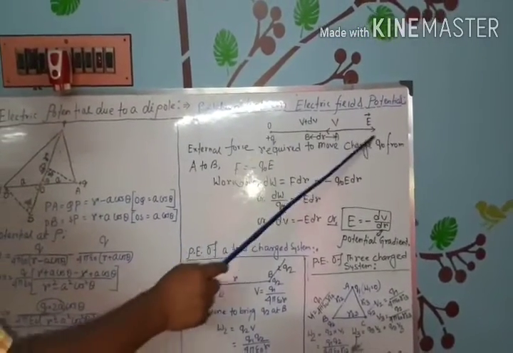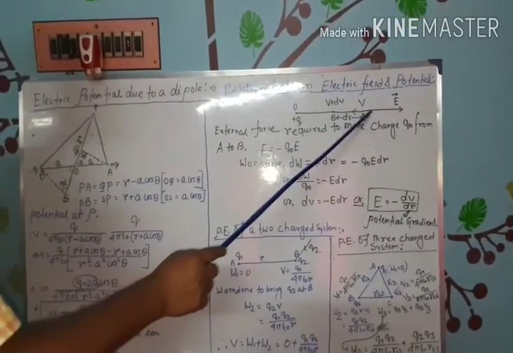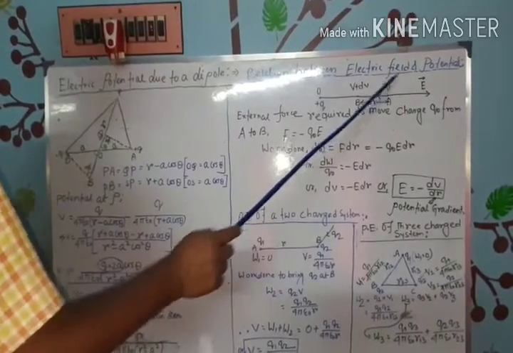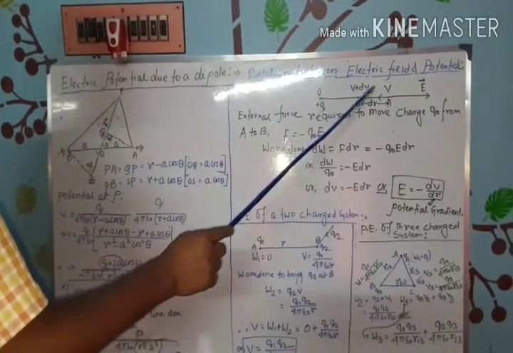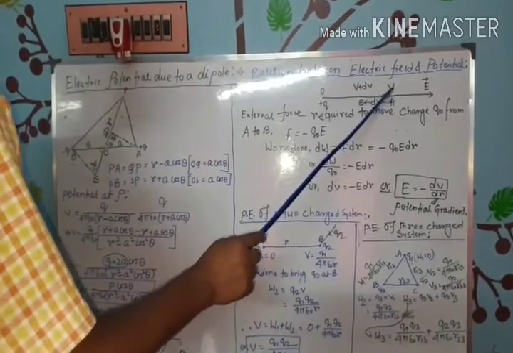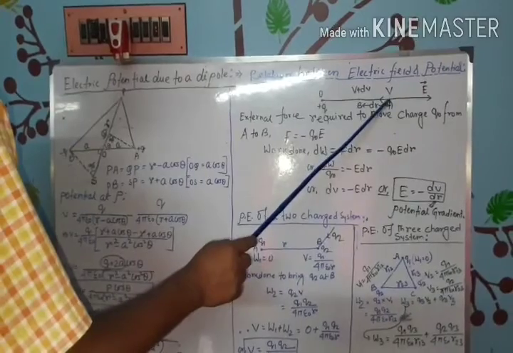On that electric field, we consider two points A and B. A has a potential V, B has a potential V plus dV. So the potential difference between A and B is dV. And what is the separation distance?